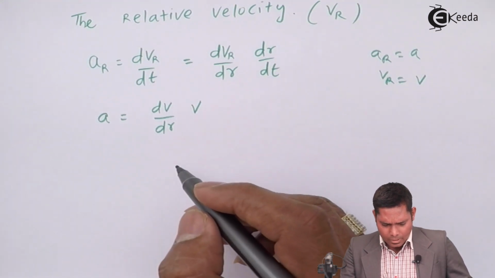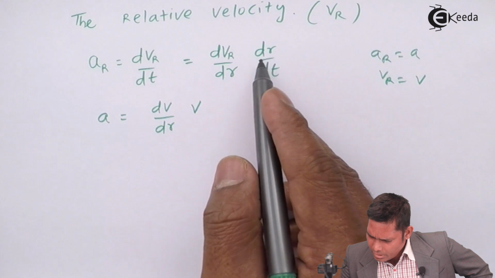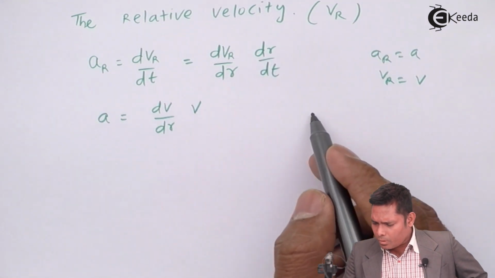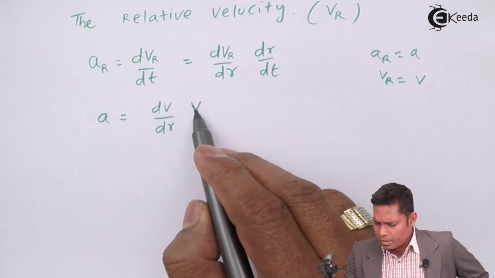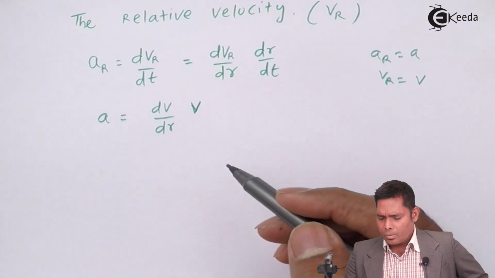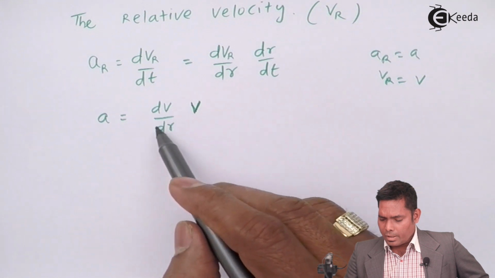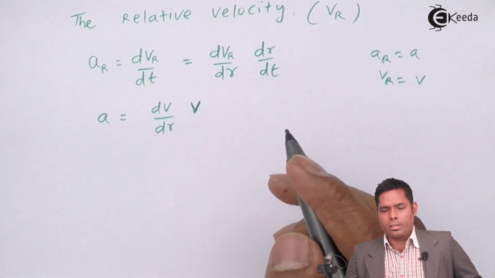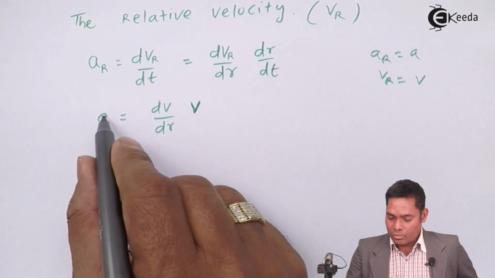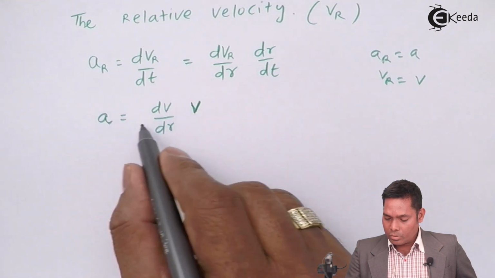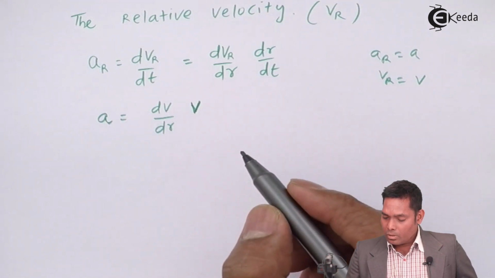But this dr over dt will actually be negative. Why negative? Because the dr vector and the v vector are in opposite directions.